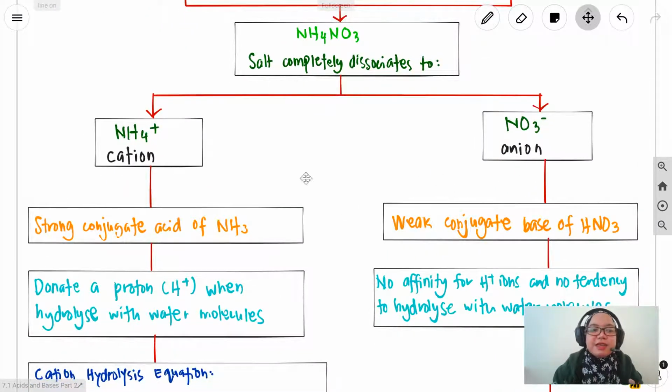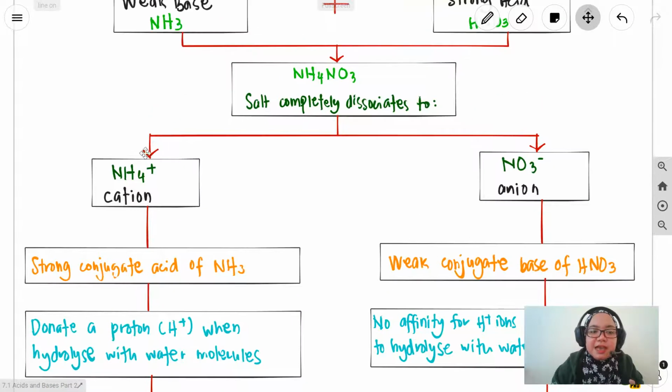Let's look at the cation first. NH4+ is the strong conjugate acid of NH3. Since NH3 is a weak base, it forms a strong conjugate acid, which is the NH4+ cation.